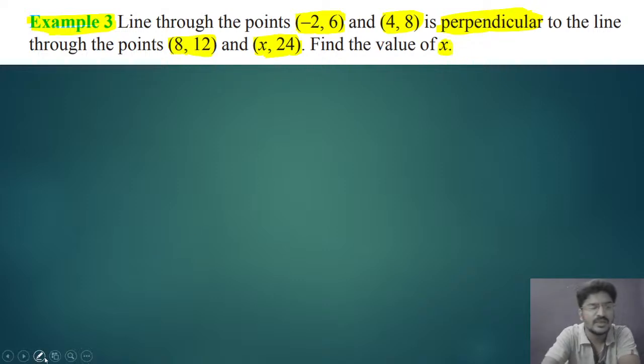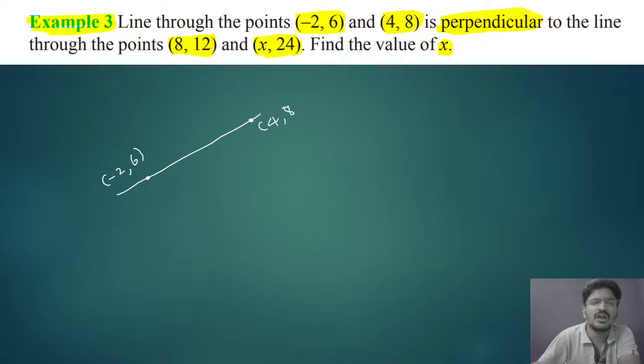Clear? First you see what is happening in the problem and what you have to find. There is line 1 passing through the points (-2, 6) and (4, 8), and it is perpendicular to another line which is passing through the points (8, 12) and (x, 24).